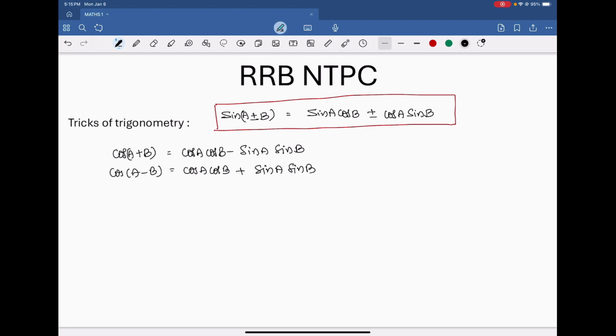When on the left hand side for cos there is a plus sign, on the right hand side there is a minus sign. When on the left hand side for cos compound angle there is a minus sign, there will be a plus sign on the right hand side.